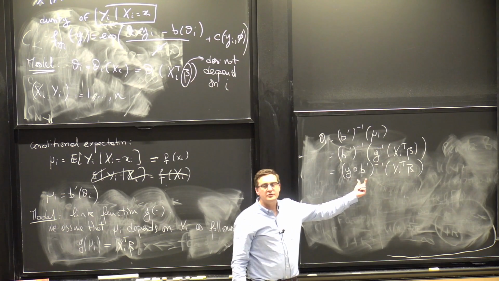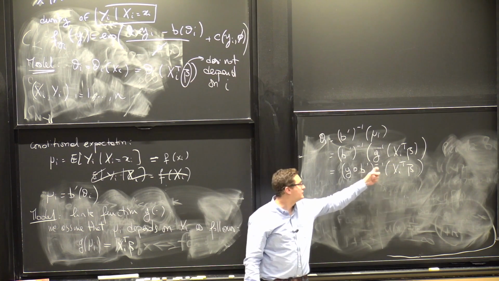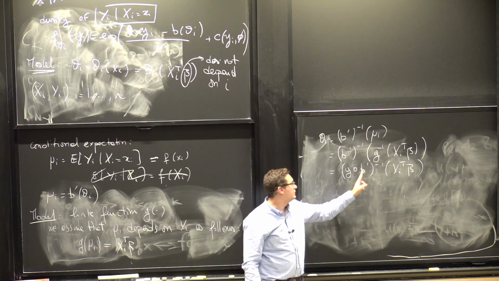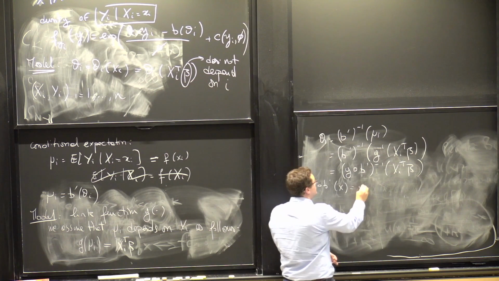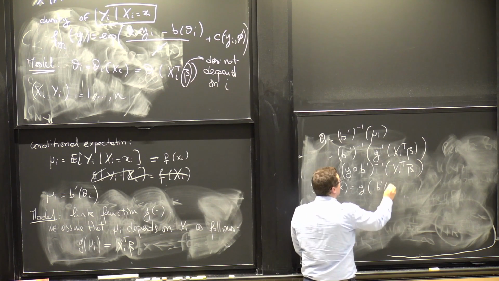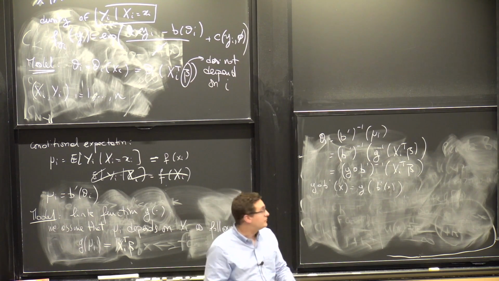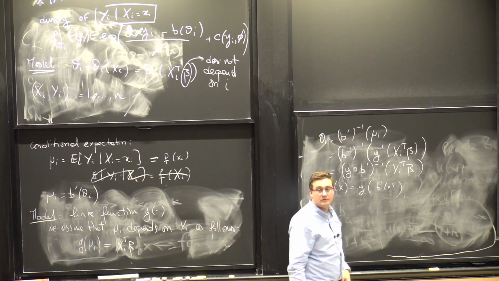Everybody's comfortable with this notation, the little circle? Any question about this? All right. If I look at a function g composed with b prime, I first apply b prime and then g, so g composed with b prime of x is just g of b prime of x. And then I take the inverse of this function, which is first take g inverse and then take b prime inverse.